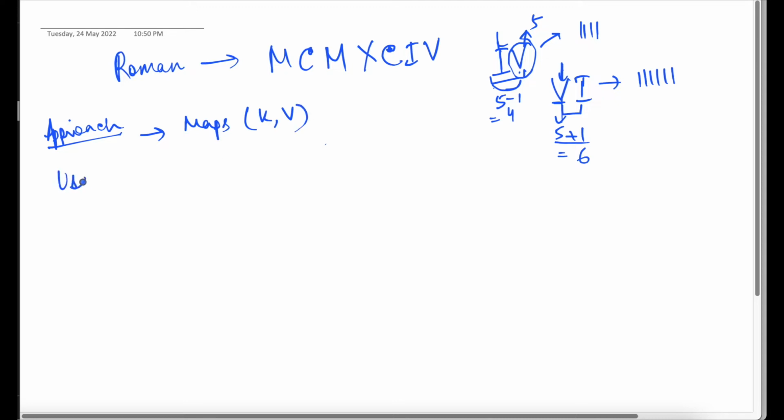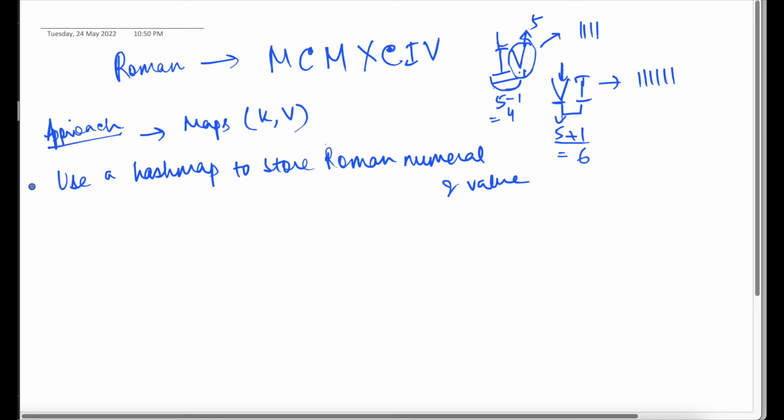We'll use a hash map to store the Roman numeral as the key, and its integer value as the value. So that is step number 1. The second thing is we will go from left to right, so we'll use a for loop to traverse through the string.